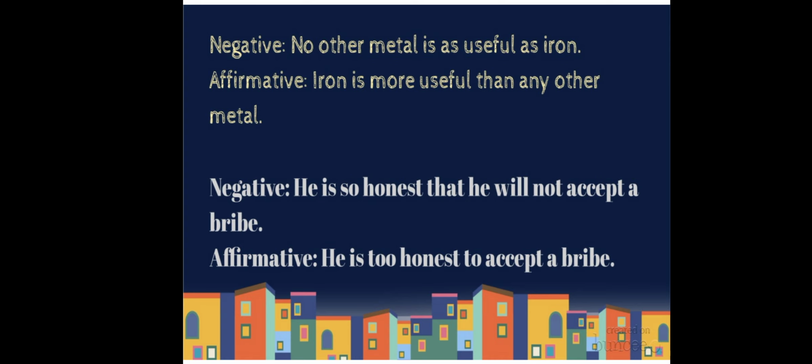I mean, you just change the degree of comparison of the adjective. Sorry, the negative sentence here is in positive degree, as useful as. So here you can change this into comparative. In this way you can change the negative sentence into affirmative.